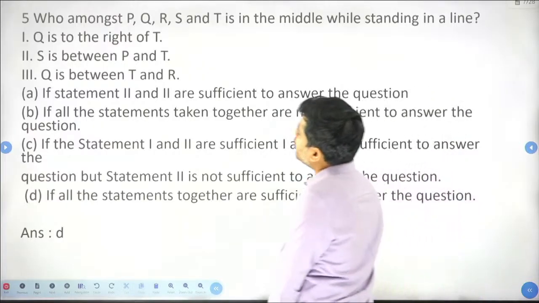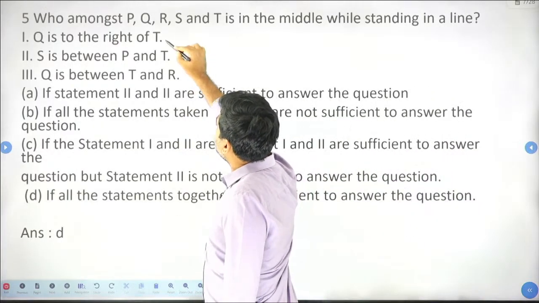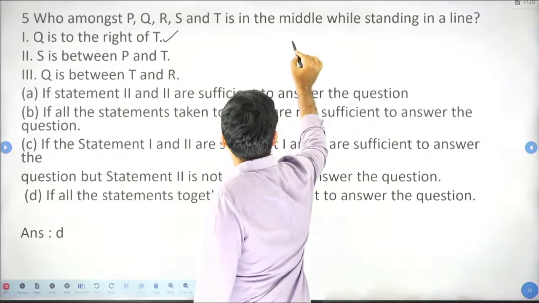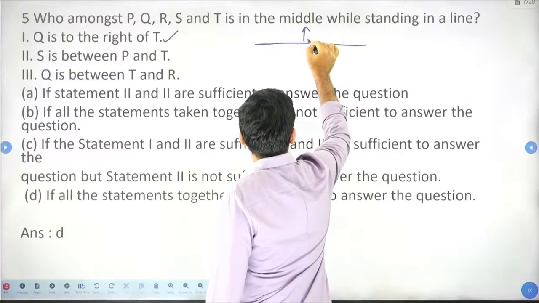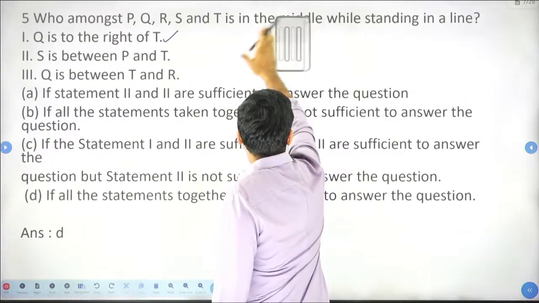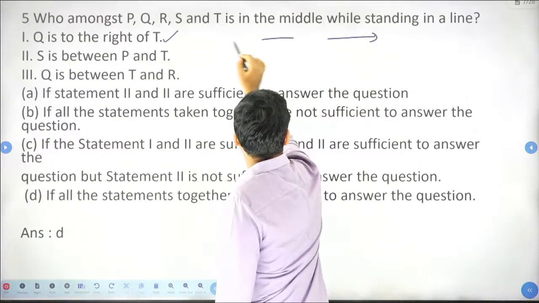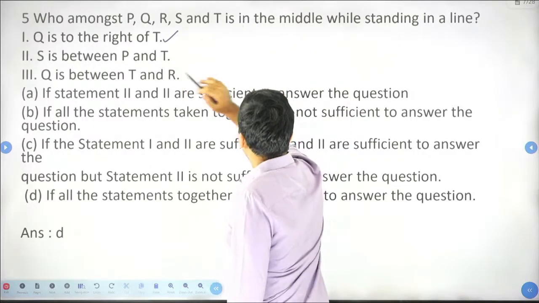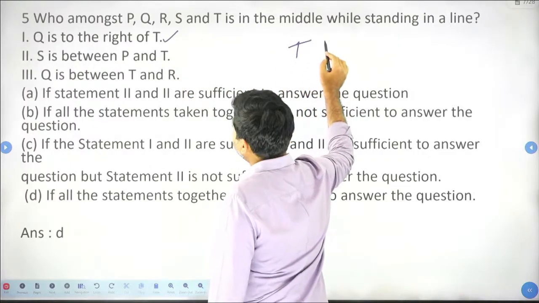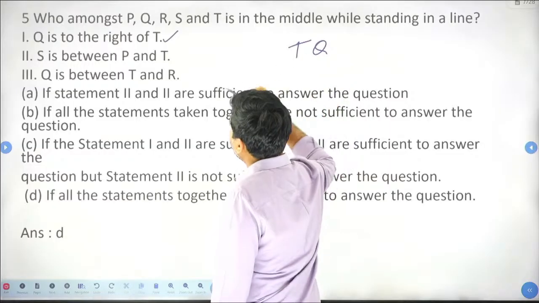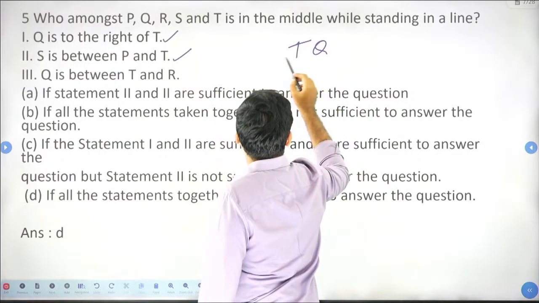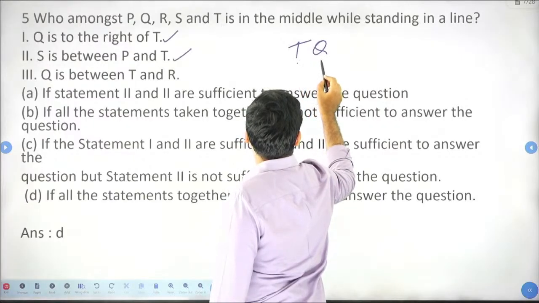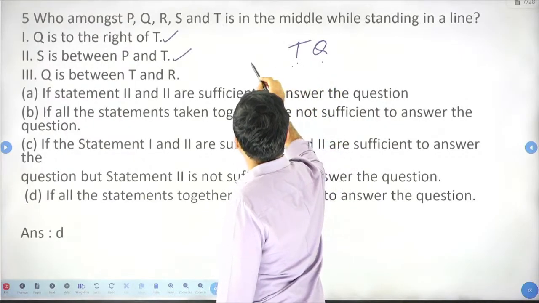What is given here? First statement, Q is right side of T. By default, normally all are facing to north. So this side is called right, this side is called left. Take T. Who is right side? Q. S is between P and T. Already T right side is filled by Q, means S will be on this side.